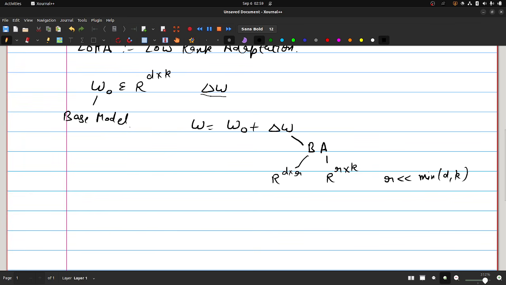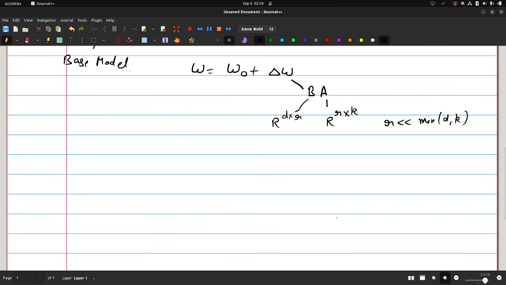So your W can be written as W0 plus some parameter, let's say S, times B times A, where S is your alpha by R. Alpha is some hyperparameter and R is the rank of the matrix.